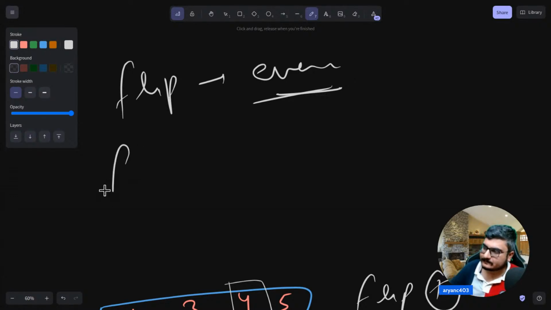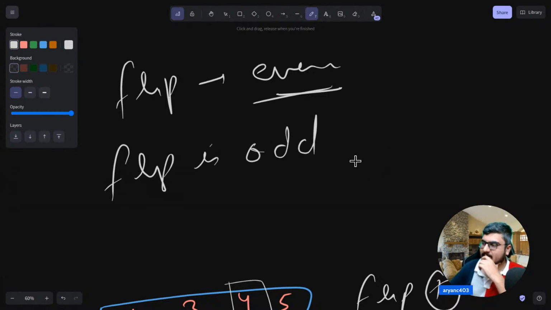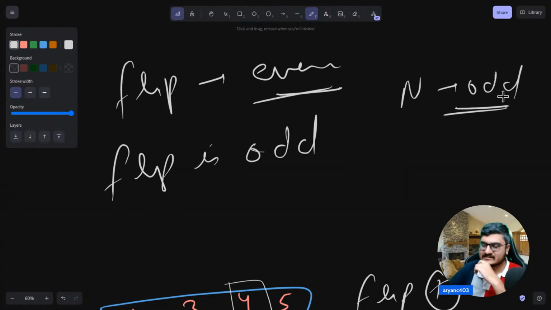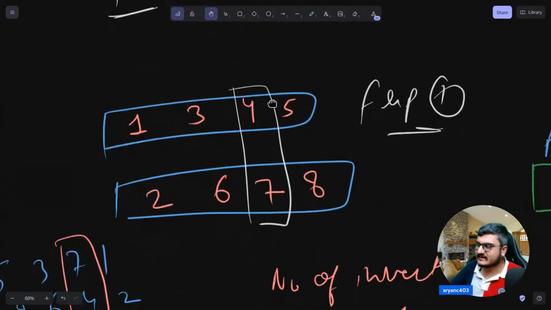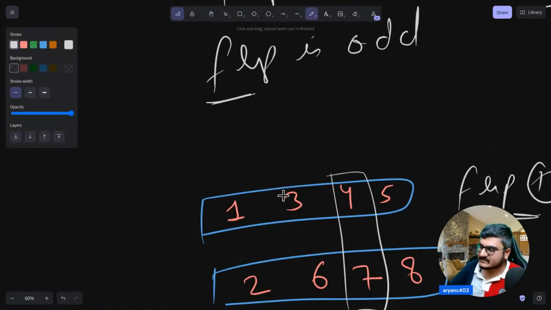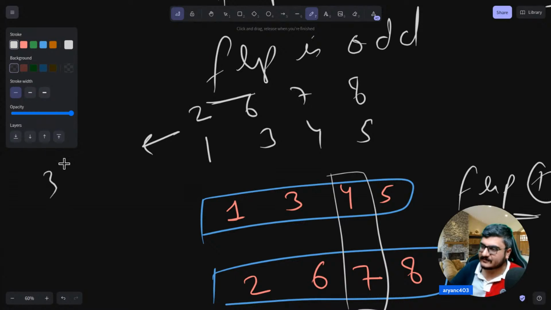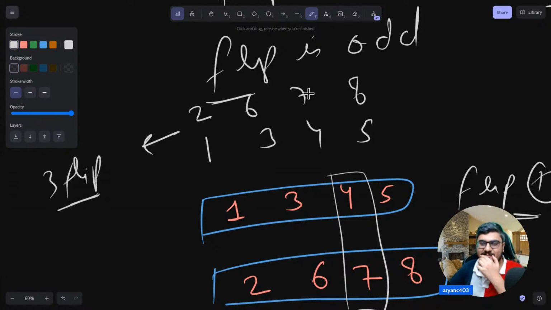And if flips is odd, and if n is odd as well, then what you can essentially do is first flip all the pairs and then also flip back whatever numbers you required. Instead of creating an array like this, you can essentially create its reverse as well: 2 1 6 3 7 4 8 5. And here also, since n is 4, you will need 3 flips. Had n been even, you could have gotten another way as well.